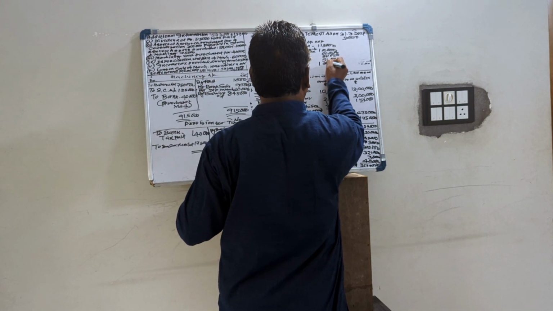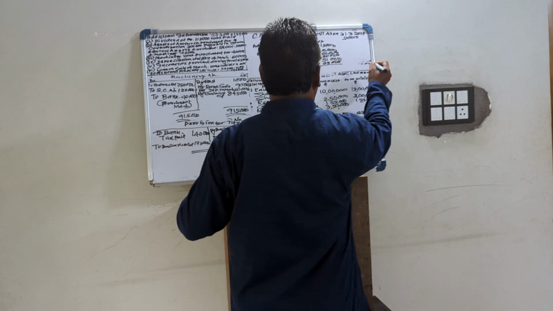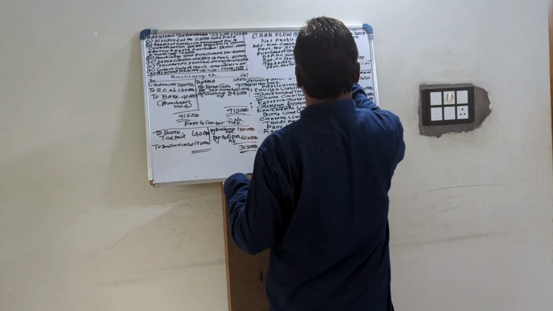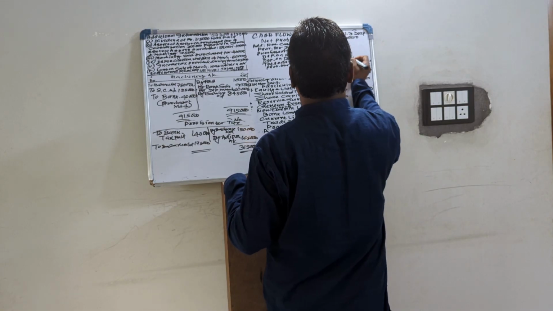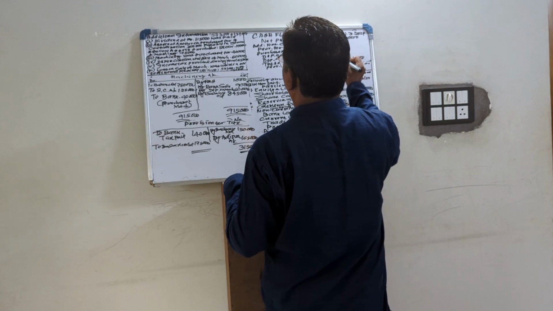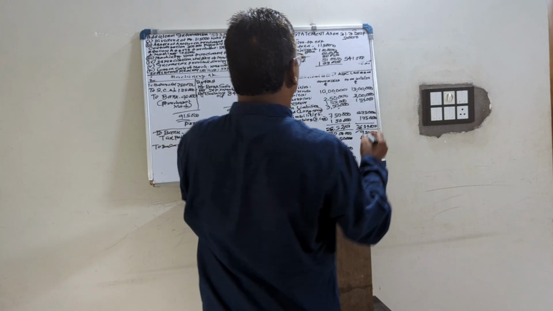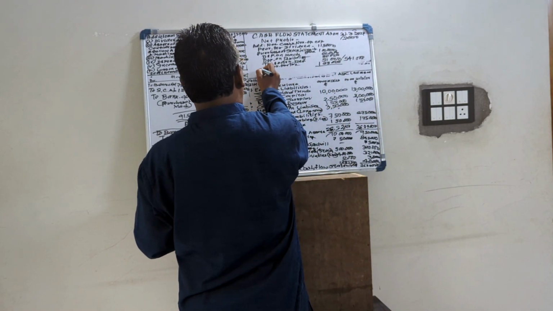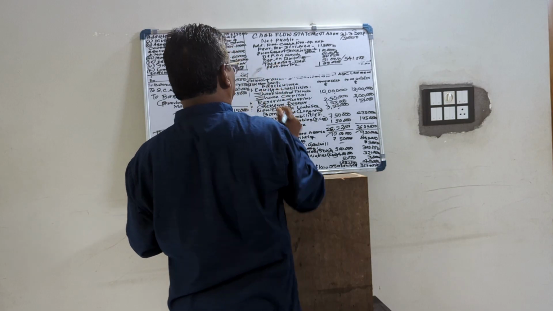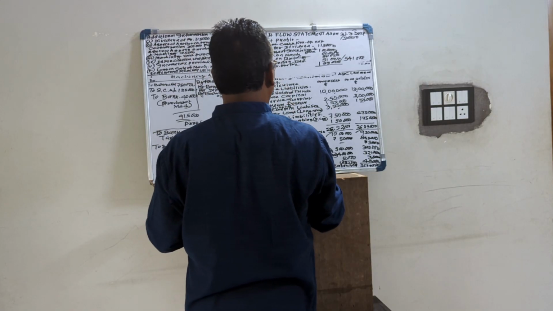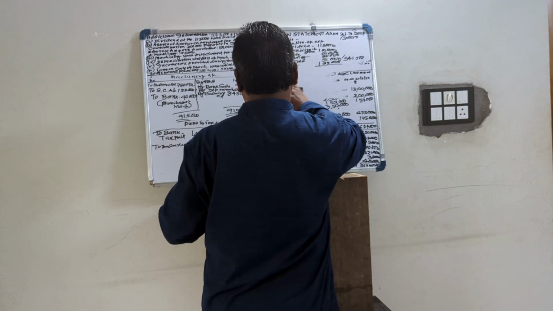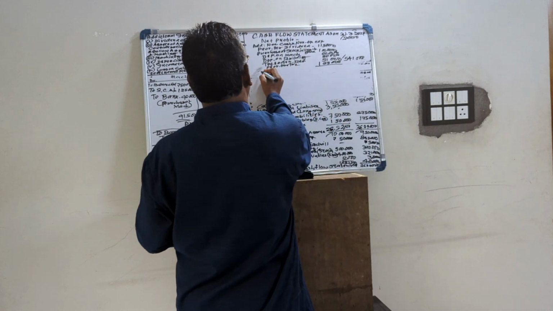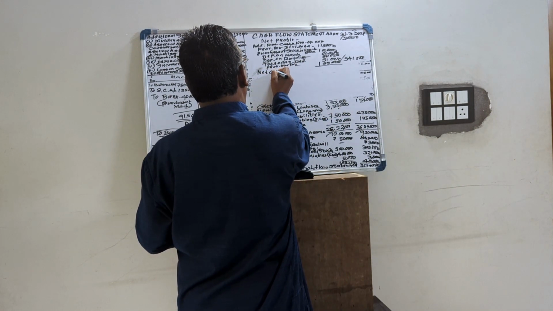So total comes to 5,41,000. Then here we will add, this is net cash flow from operating activity before working capital adjustments.